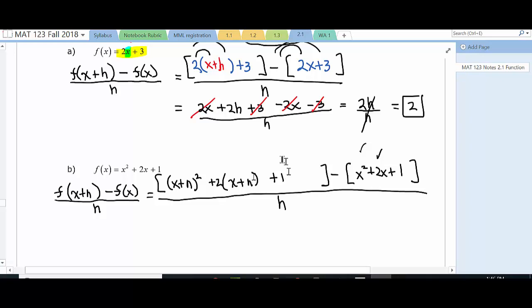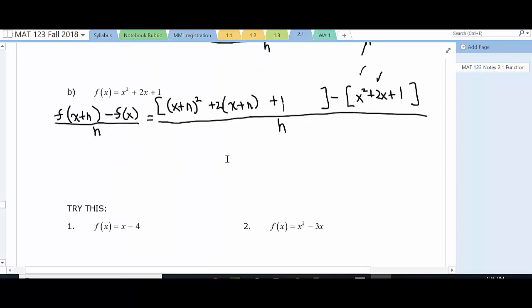Now we're going to work all this out. The first thing I'm going to do is work out the x plus h squared, just at the side of the paper. I'm going to FOIL that out. The first term is x squared. The outside term is plus xh.